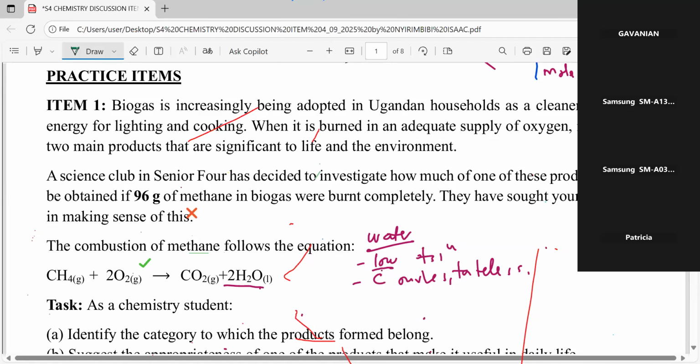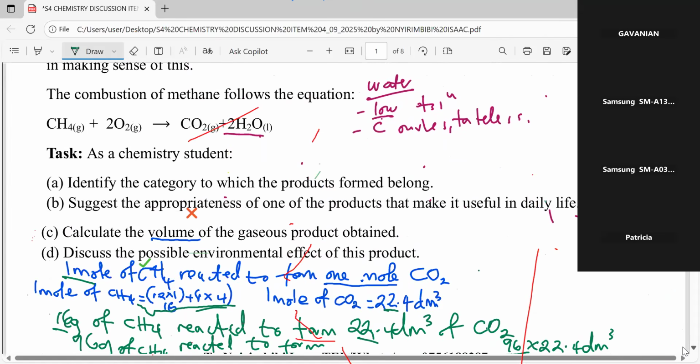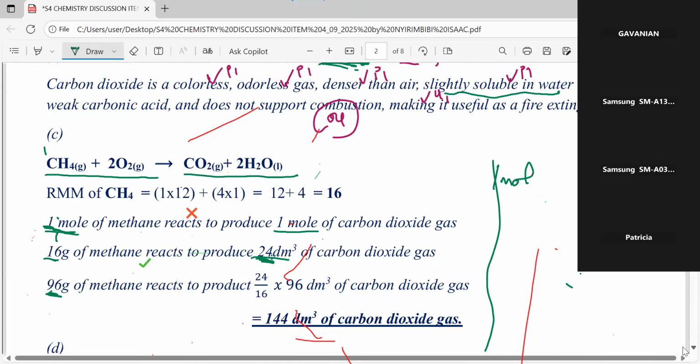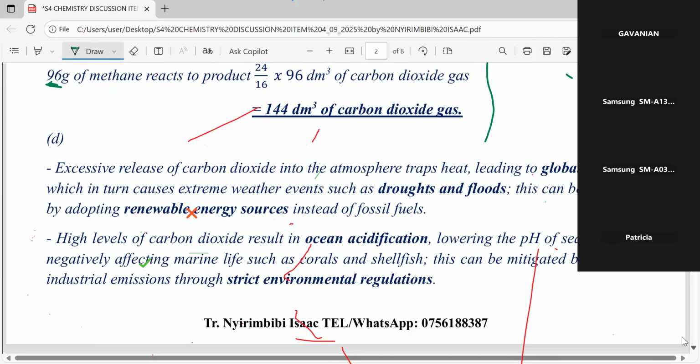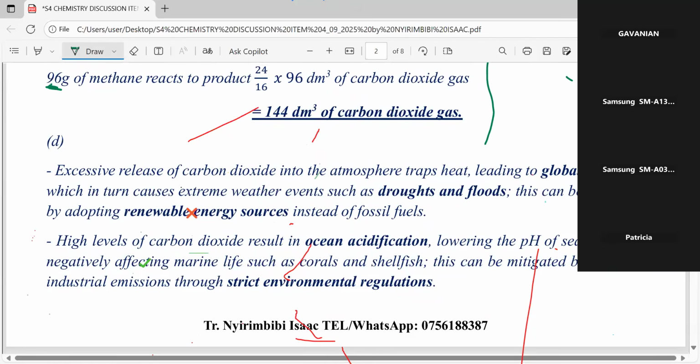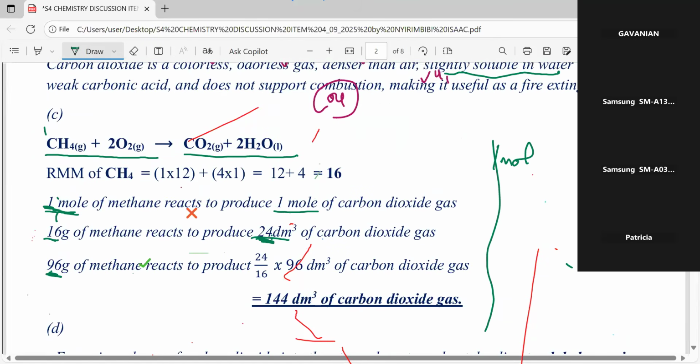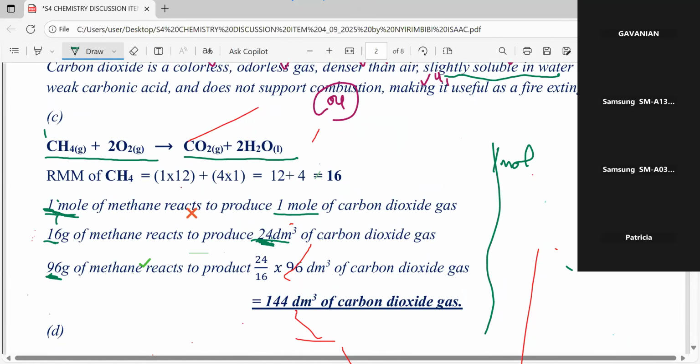They may not give you the value that this is the volume at STP or RTP, but we can assure you that they will always alert you whether it is at RTP or at STP. So what you need to do is know those volumes at RTP and volumes at STP. Okay, thank you, teacher. Okay, welcome.